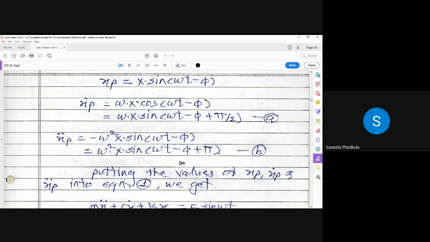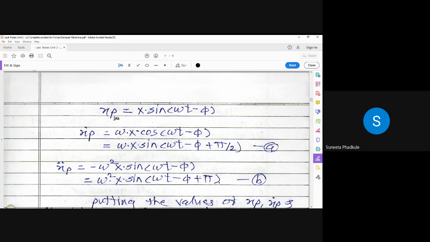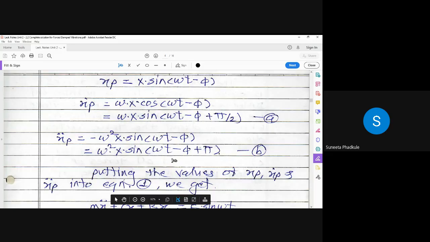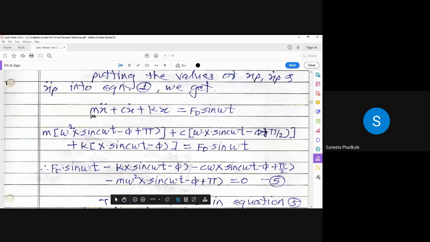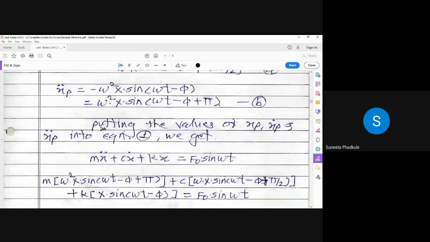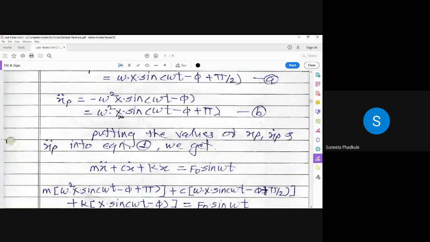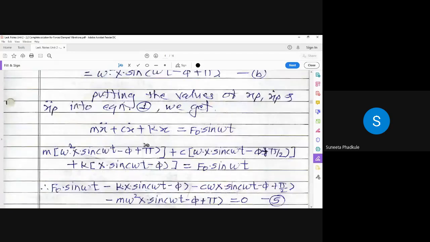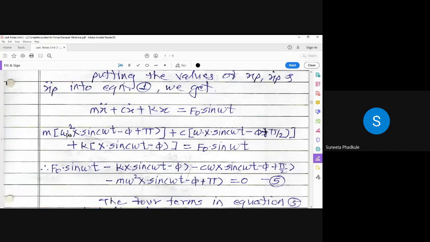Okay. Now we are going to put the value of xp, x dot p and x double dot p into this equation. So let us put here m into xp double dot. What is x double dot p? Omega square x into sine omega t minus phi plus pi. Second term, plus c into xp dot.